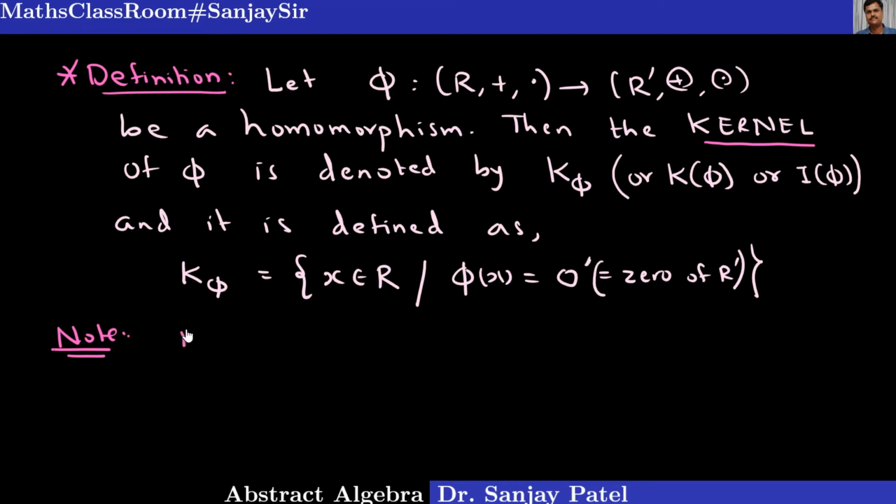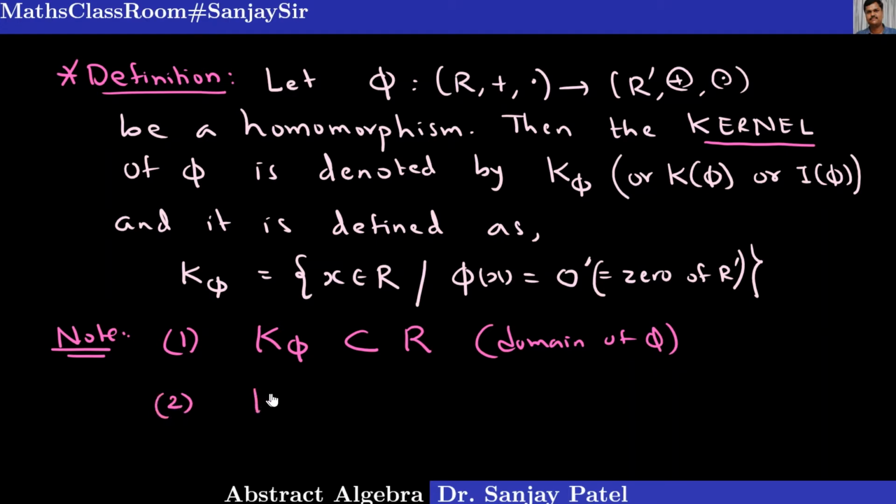So the first remark about kernel is that it is always a subset of the domain ring, that is the domain of the homomorphism phi. And the second remark is the kernel K phi is always a non-empty set.